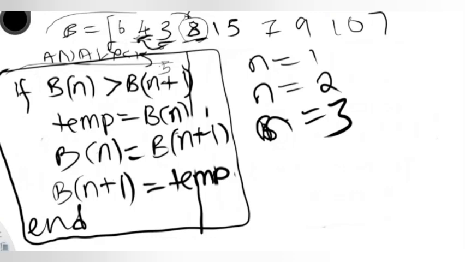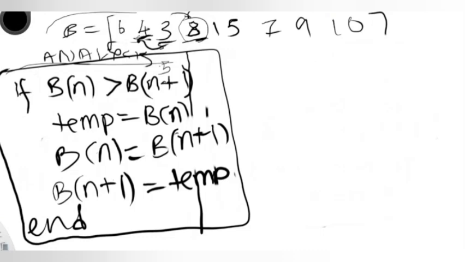Let me just make some clean space. We can say for n is equal to 1 to 8, not 9. Just have this in mind. I don't know if we should end at 9, but you can try it and see if it will work. So for n is equal to 1 to 8.